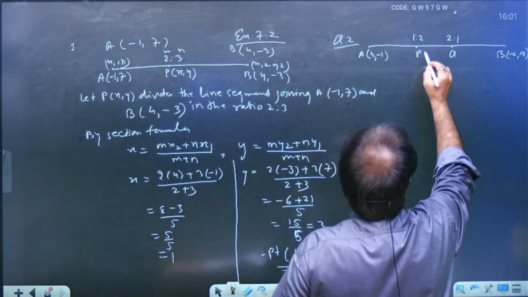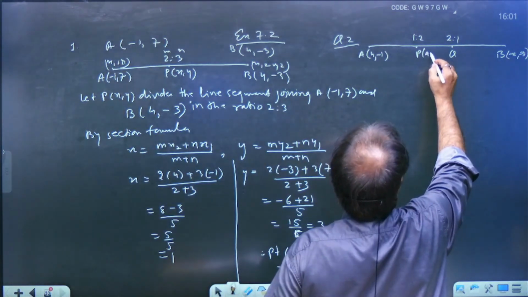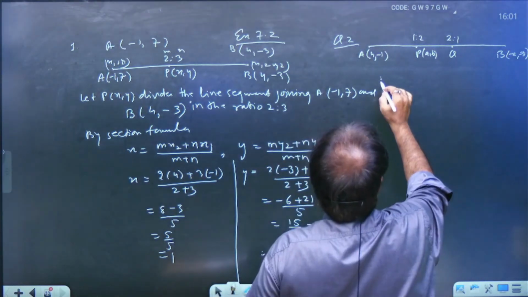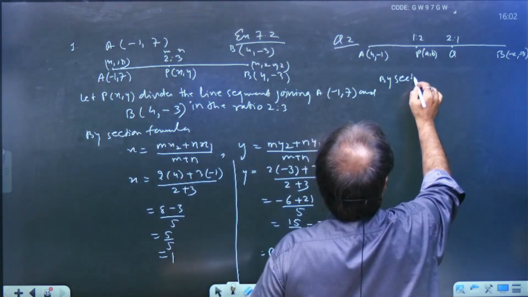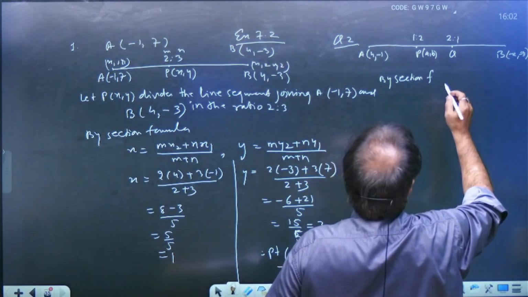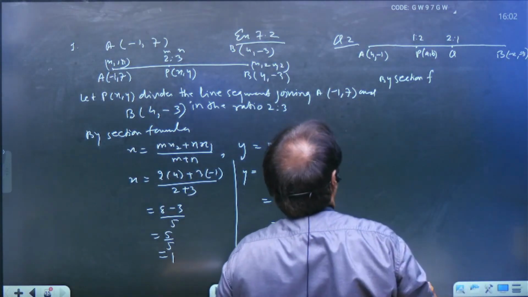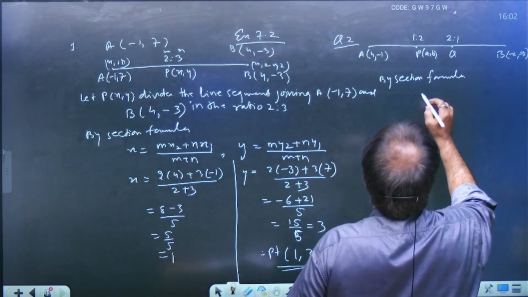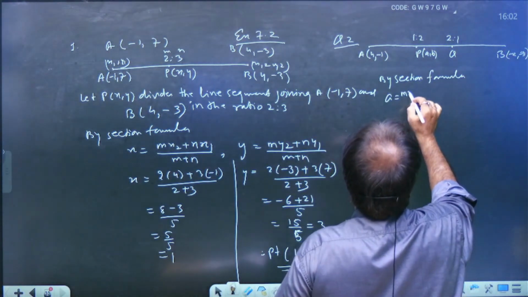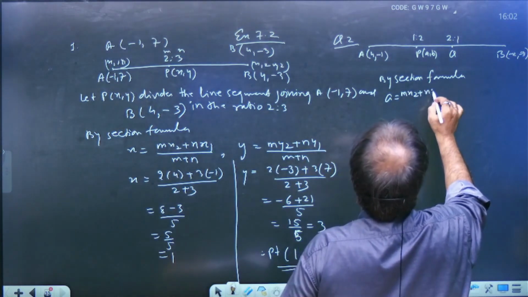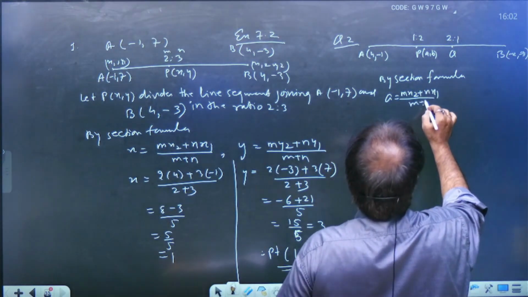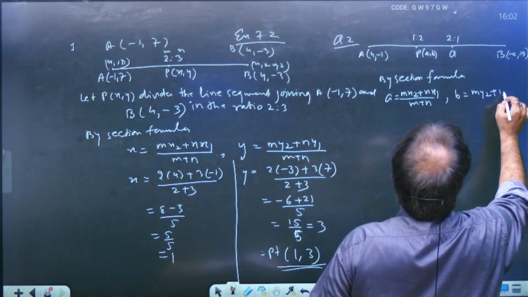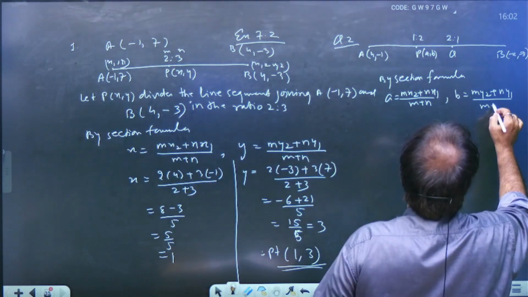So let the coordinates of P be (a, b). By the section formula, first try to write the formula, because in the examination you will get at least half marks for writing the formula. So a is equal to (mx2 plus nx1) upon m plus n, and b is equal to (my2 plus ny1) upon m plus n.